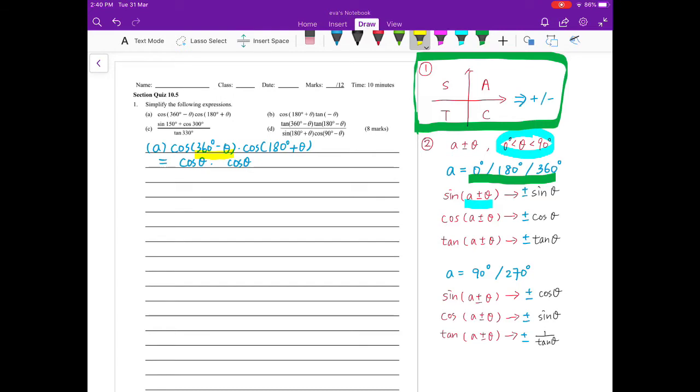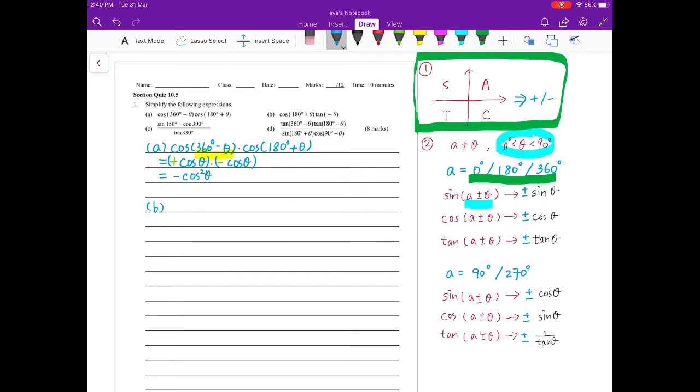This is C, so this is positive for this one. And then 180 plus theta falls into quadrant 3, which is negative. But remember, for your positive and negative, you must give brackets to show that they are doing the multiplication. So after that, you will get the answer, negative cosine square theta. When cosine times cosine, it becomes cosine square theta.